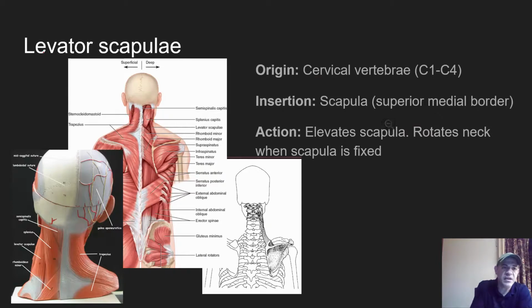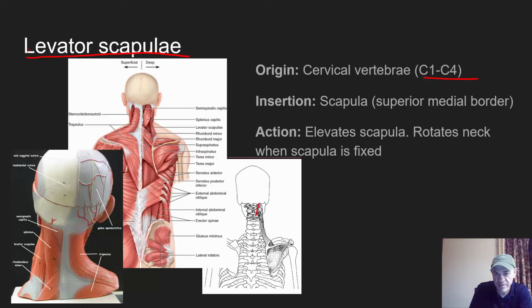Next muscle is the Levator scapulae. And so this gives you an idea: levator elevates, and scapulae is a reference to the scapula. The origin of this muscle is the cervical vertebrae from C1 to C4, and probably best seen in the image in isolation over here, especially because this muscle is a deeper muscle.